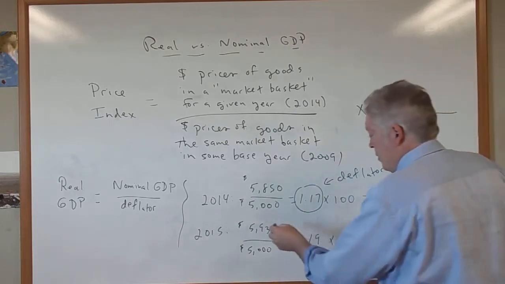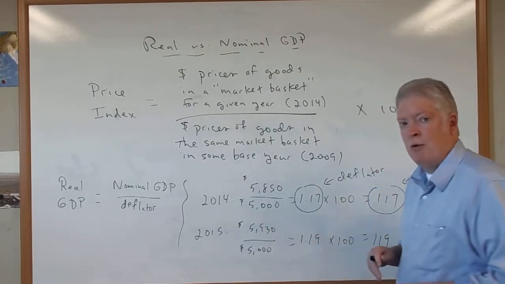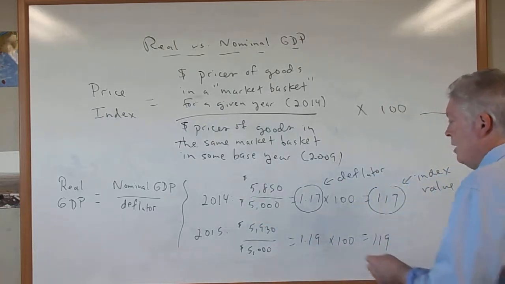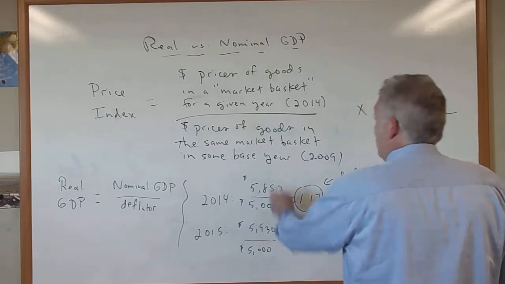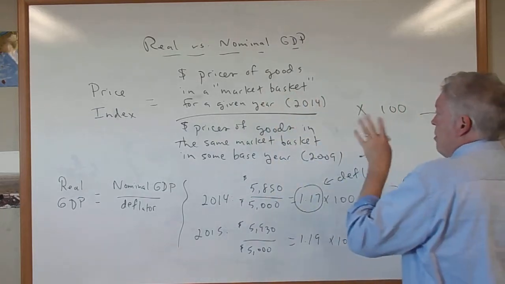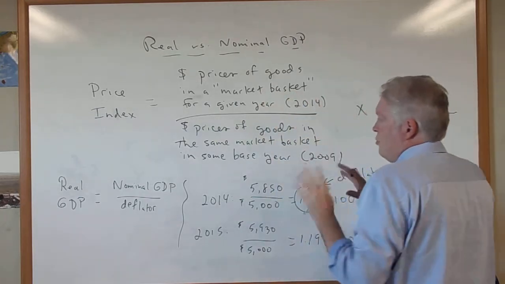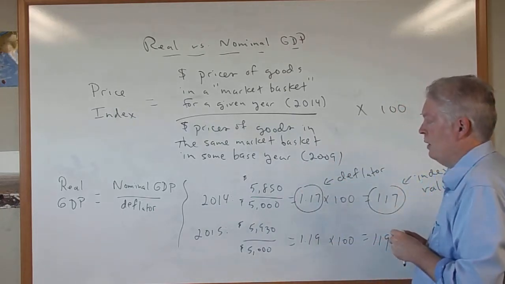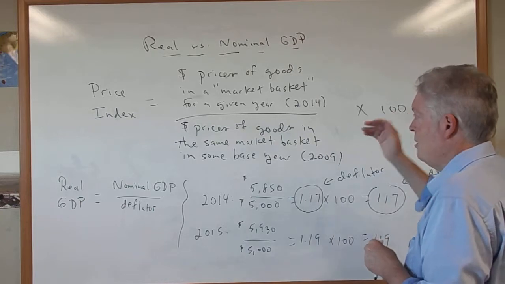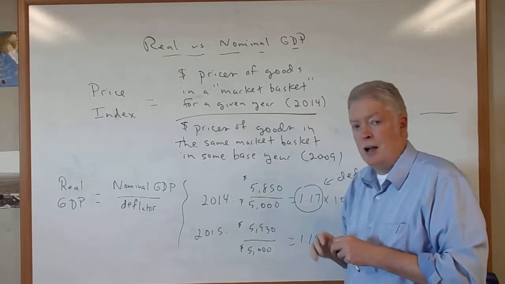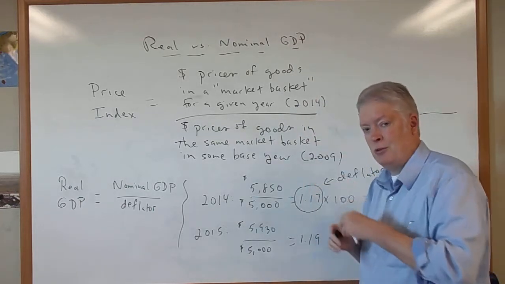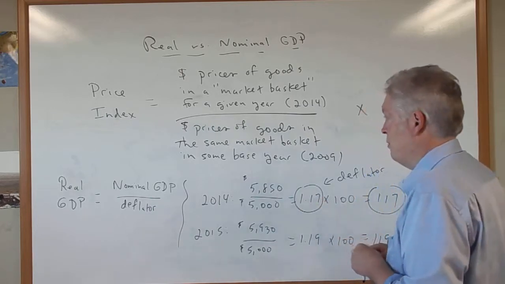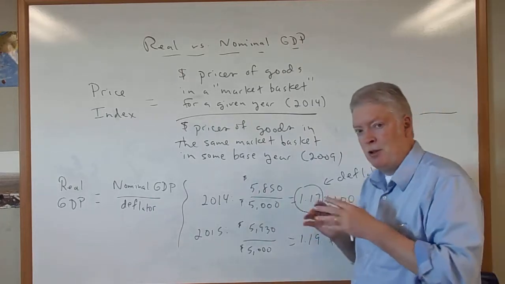And then finally, if we are expecting prices to go up over time, which is a good expectation, for 2015 we might see the value of those same goods in the same market basket. And I realize the market basket changes over time, and every couple of years the Bureau of Labor Statistics will adjust these to put in newer things like iPhones, and to take out things like cassette players, for instance, in order to keep this relatively fresh.